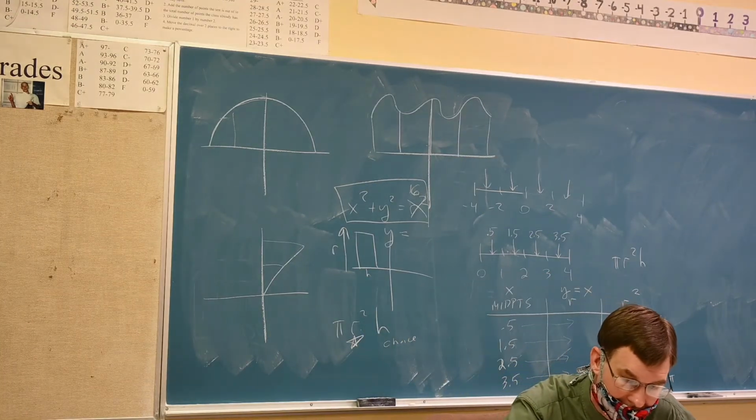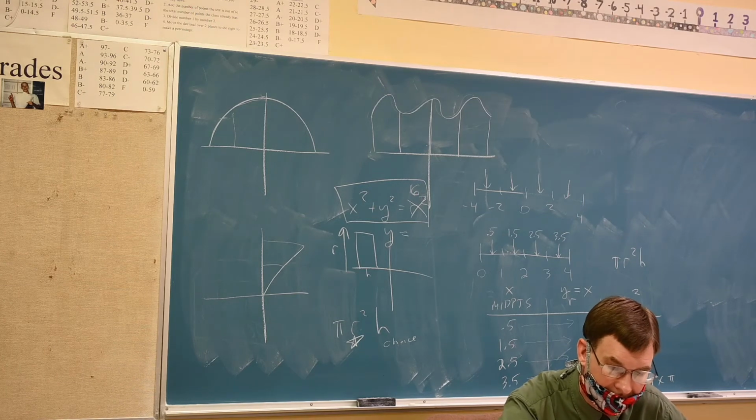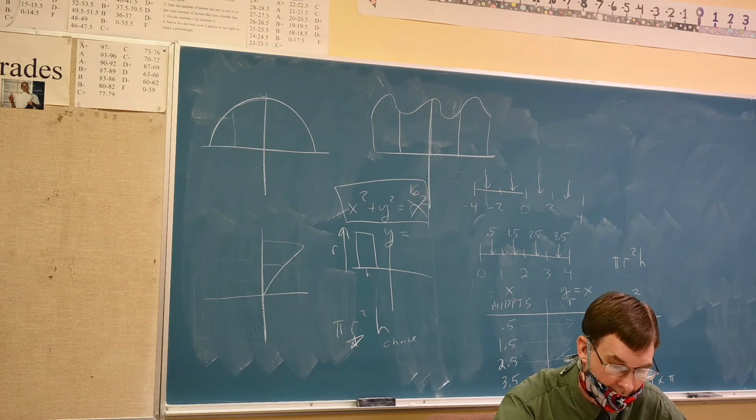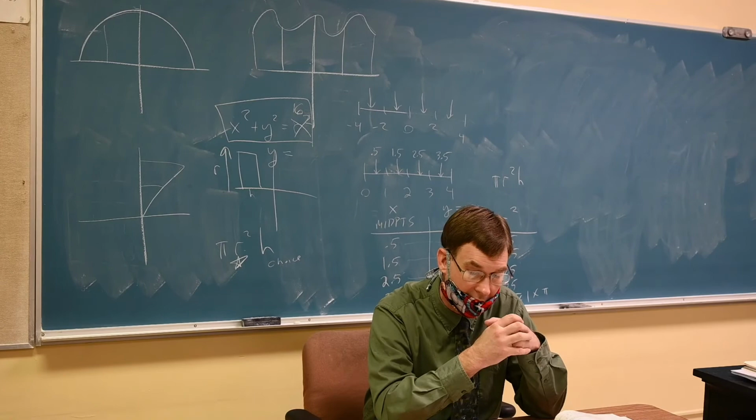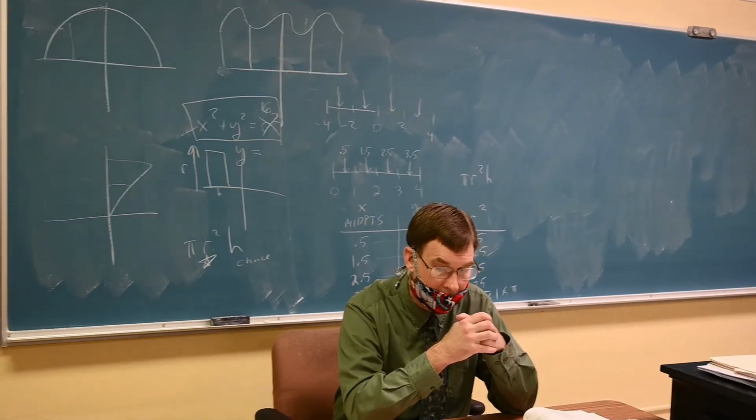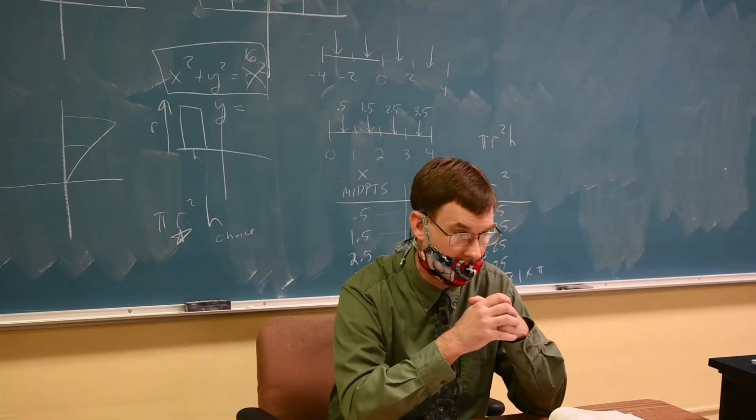So here's the solution to that. If you need to know an average value for something, it's going to be the area under the curve, like we did yesterday, divided by how long it is. And when you go to do the homework problems, the area might be able to be found from old geometry.